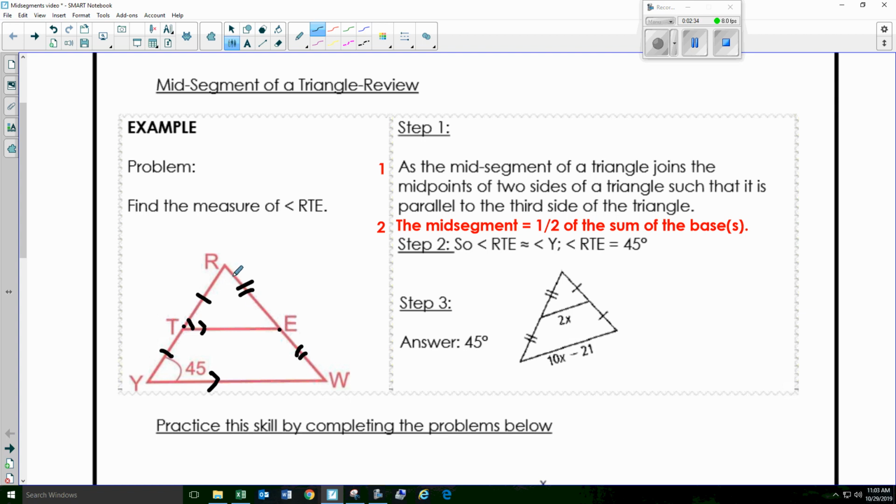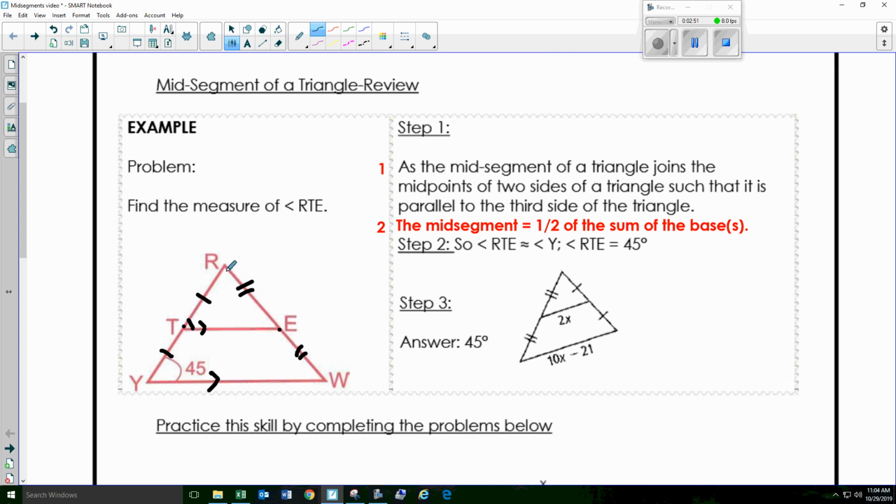Okay, and of course angle R is in both triangles, it's the overlapping triangle. We have a small triangle here and a bigger overlapping triangle here. This angle R goes for both the small triangle and the big triangle.